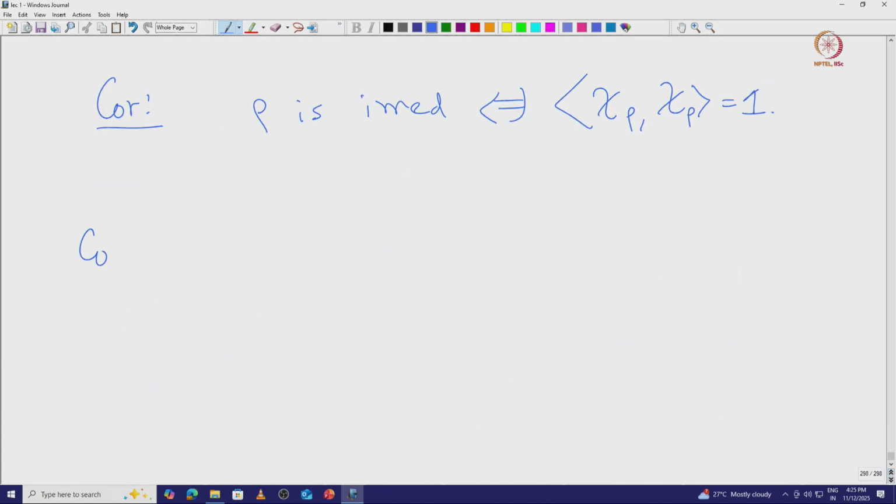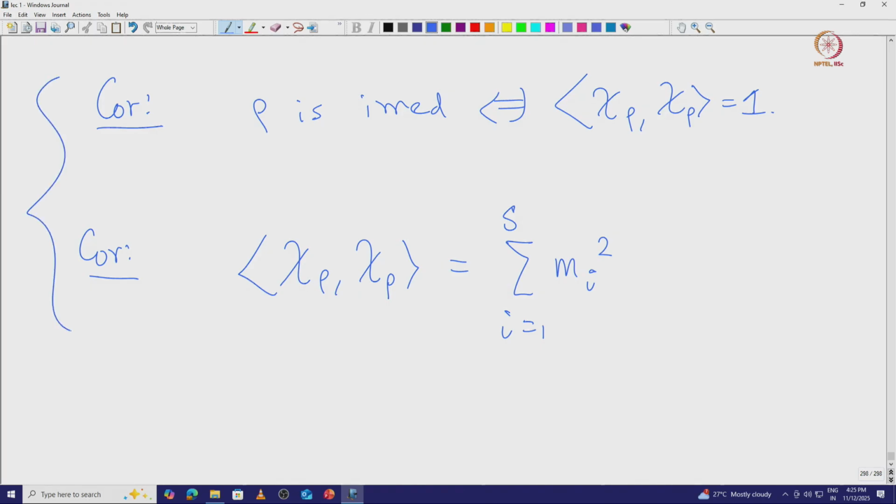And not only that, you can also take the character value chi rho and its inner product with itself. Using the orthogonality relation, you can see that this is exactly the sum of Mi squared. Again, we can use the orthogonality relations to prove these corollaries.